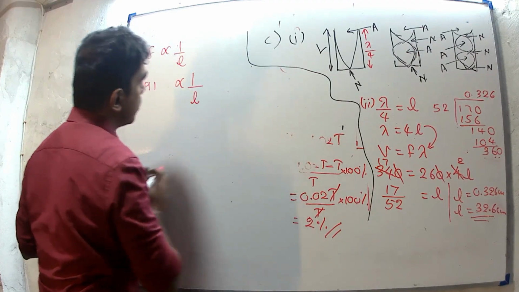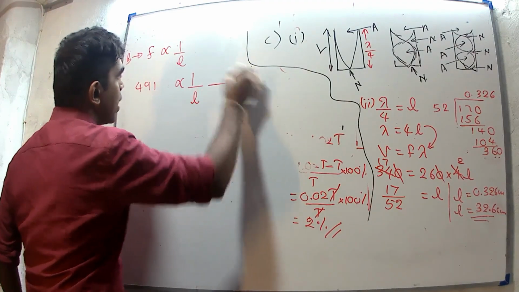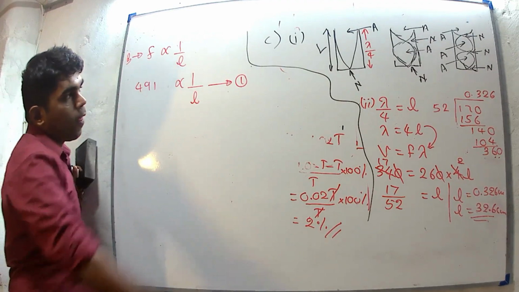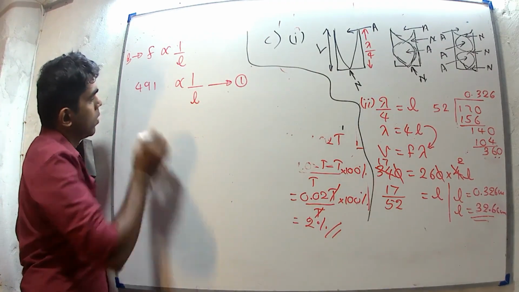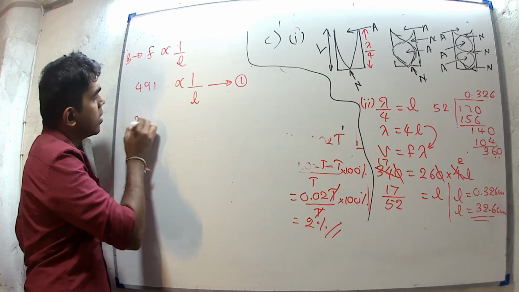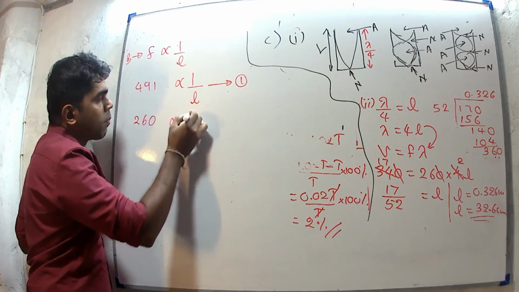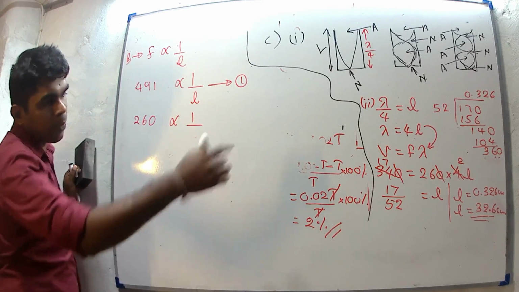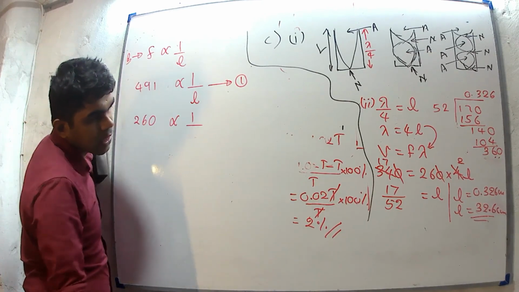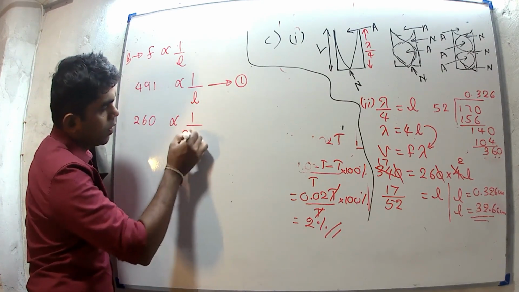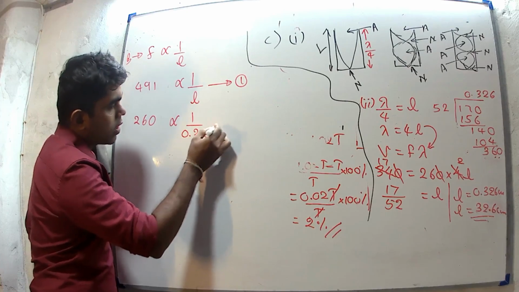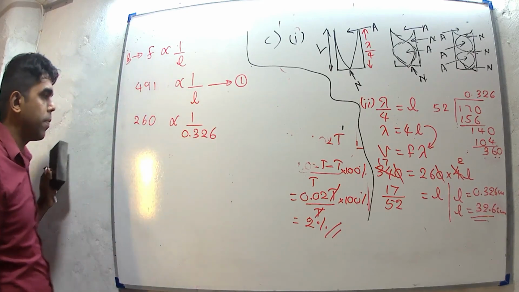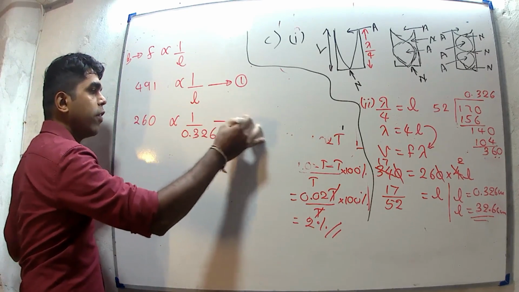And we can consider this one as the first equation. For note C, the frequency is 260. It should be directly proportional to 1 over the corresponding length, 0.326 meters. It is the second equation.